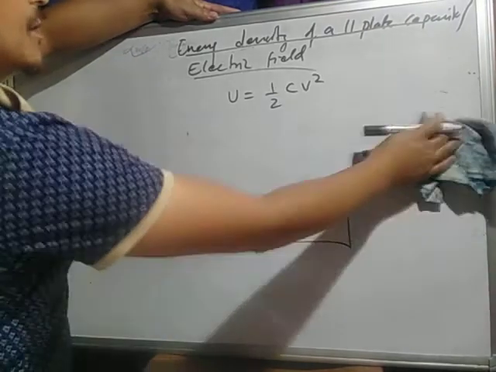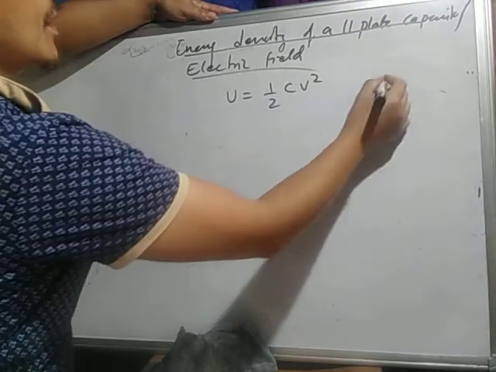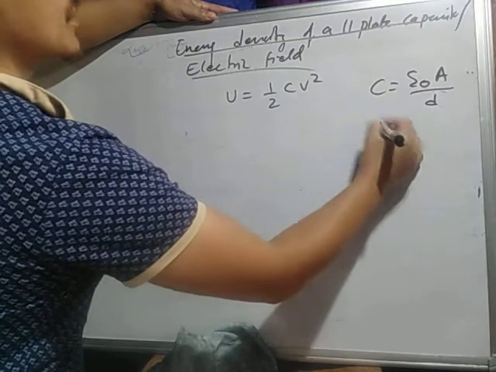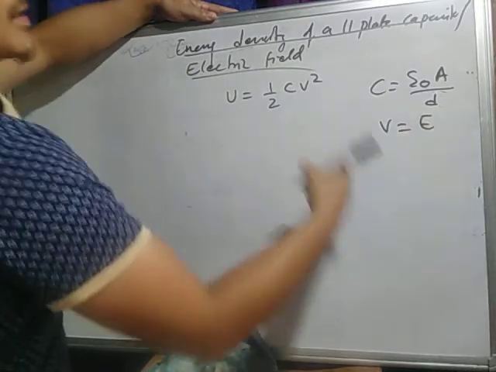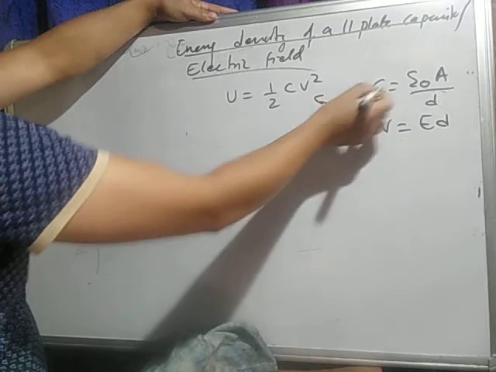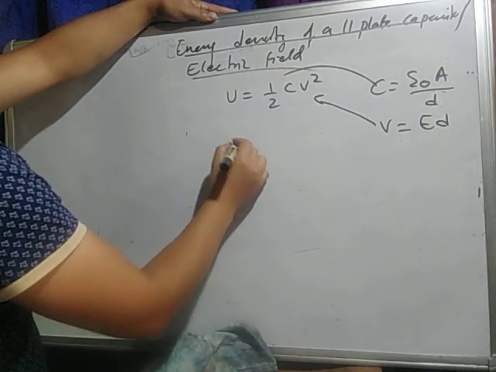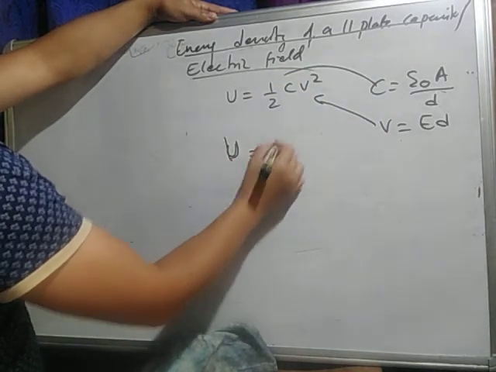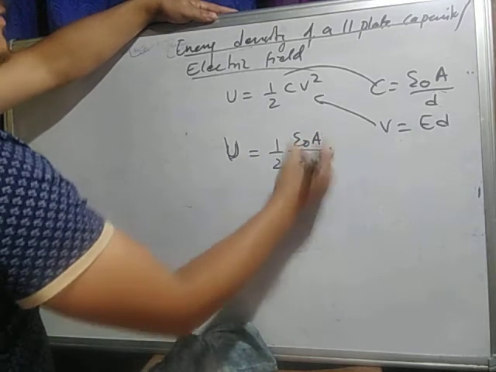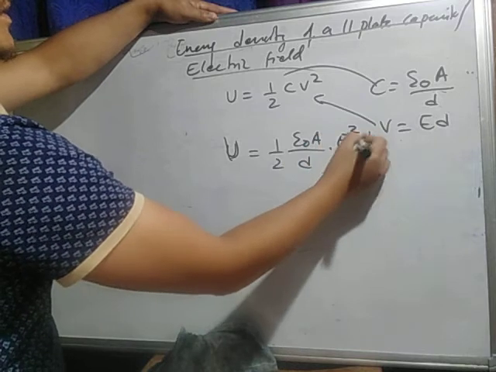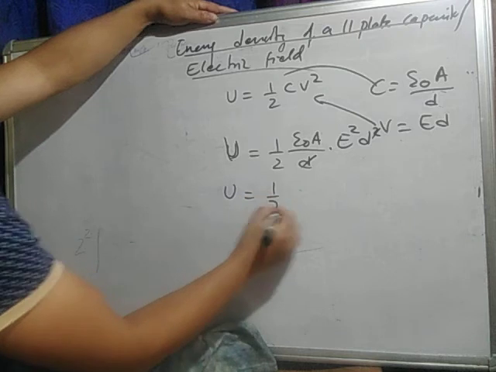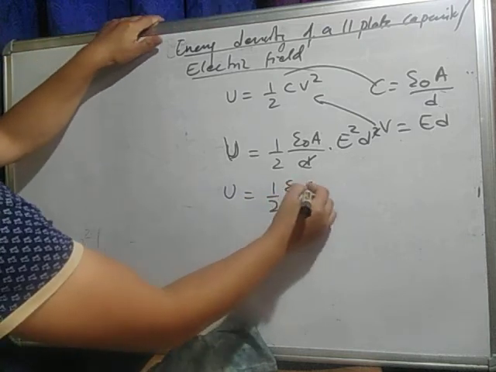So we also know that C equals to epsilon naught A by D, and V equals to E into R, and in place of R we have D. So put here, you will get U, capital U, equals to half epsilon naught A by D into E square D square. So one D gone. So U equals to half epsilon naught E.